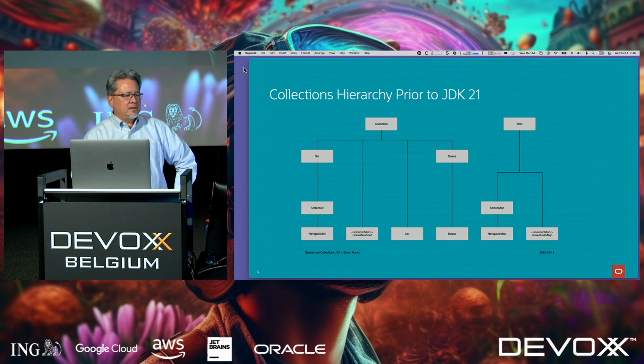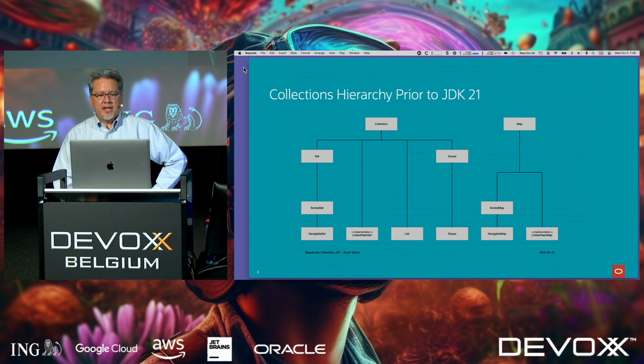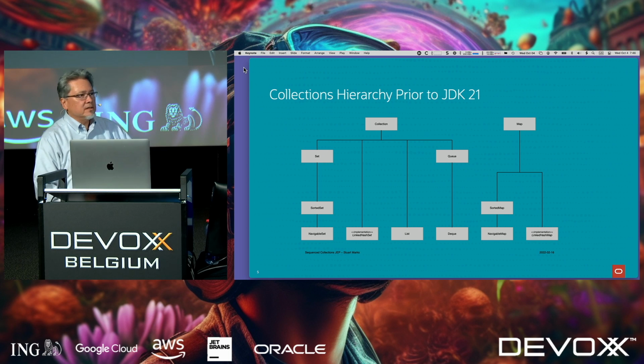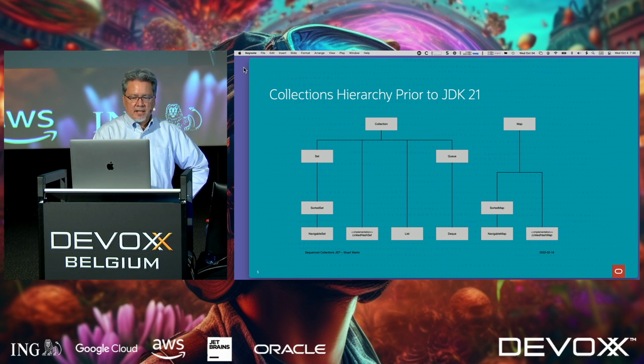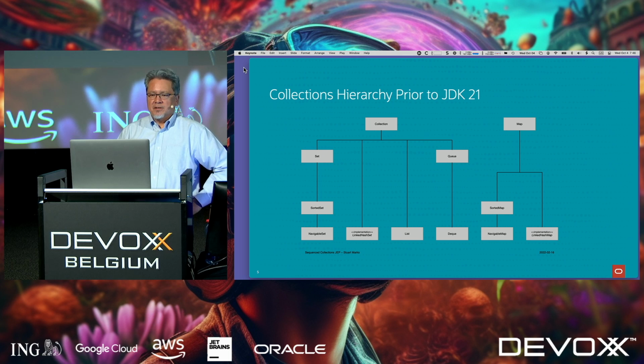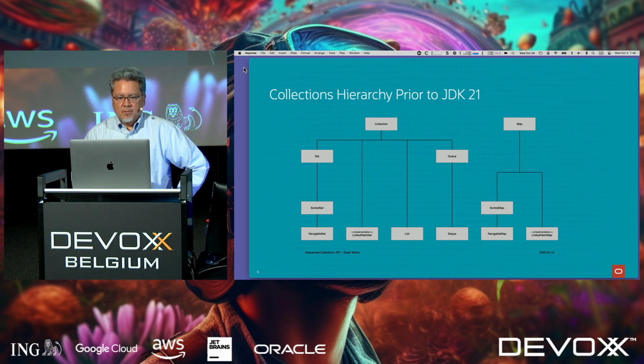All right, so this is the collection hierarchy as it existed prior to JDK 21. Sorry, the lettering is a little small, but this is covered by a JEP, and I have a link to that at the end. This diagram is in there, and you can study it. Basically, you see there are a few more collection interfaces that were added afterwards.